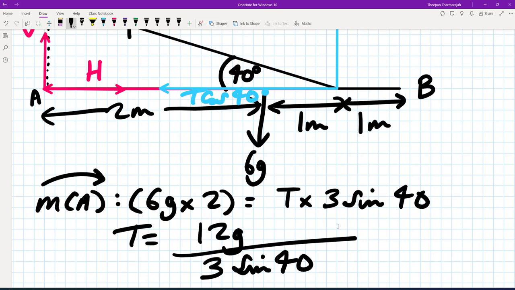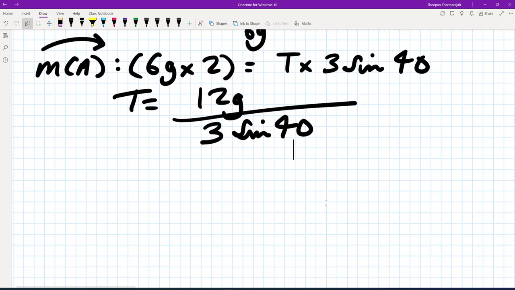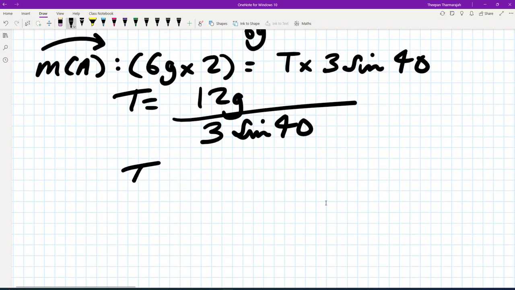We're going to get our calculator now and work this out. Write the true value out and then round. So let's get our calculator. It's 12 times 9.8, divided by 3 times sine 40.